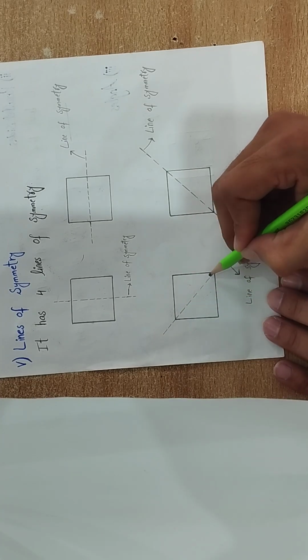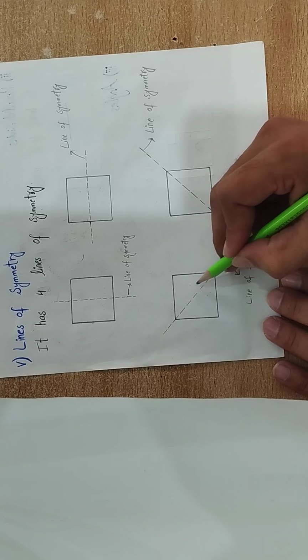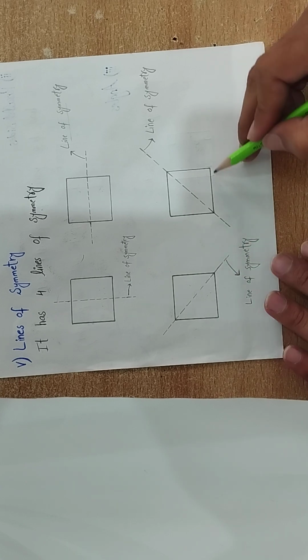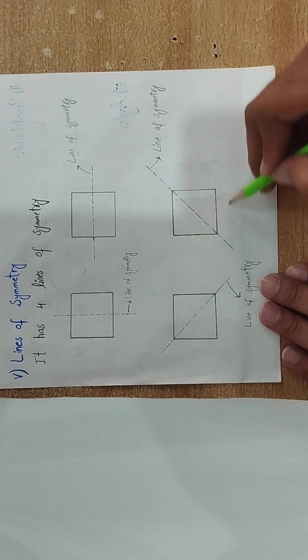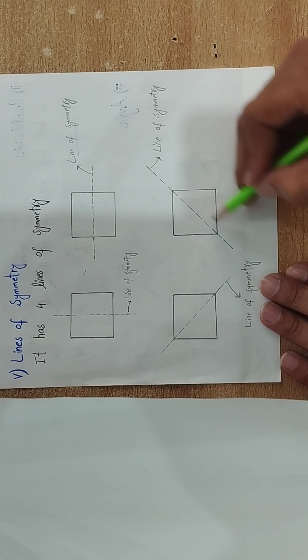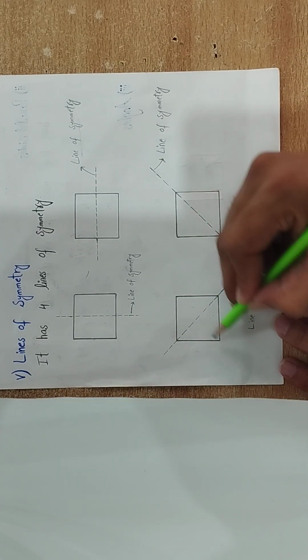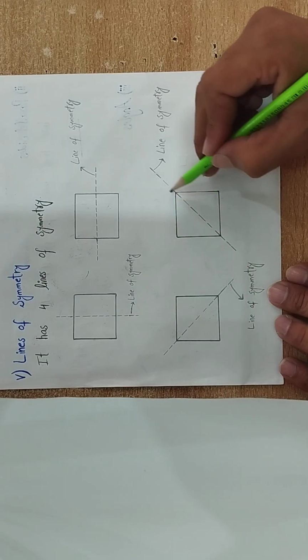This one is also a diagonal, but this time the diagonal is acting like a line of symmetry for this shape. We can draw another line of symmetry. Here you can see in this diagram the second diagonal. You know that we can draw two diagonals in the square, this one and then this one.